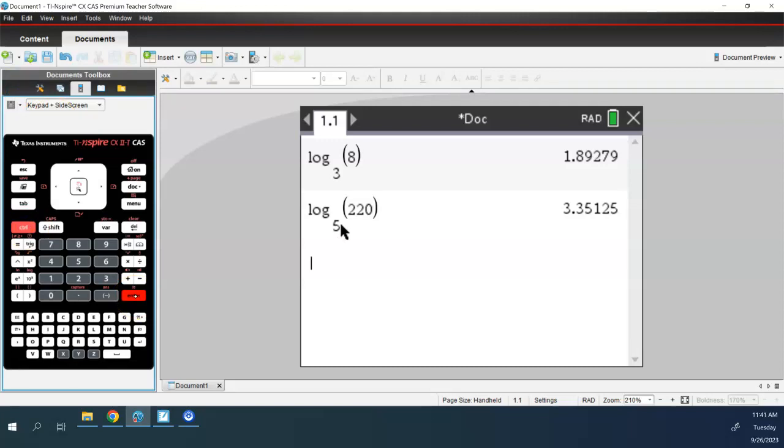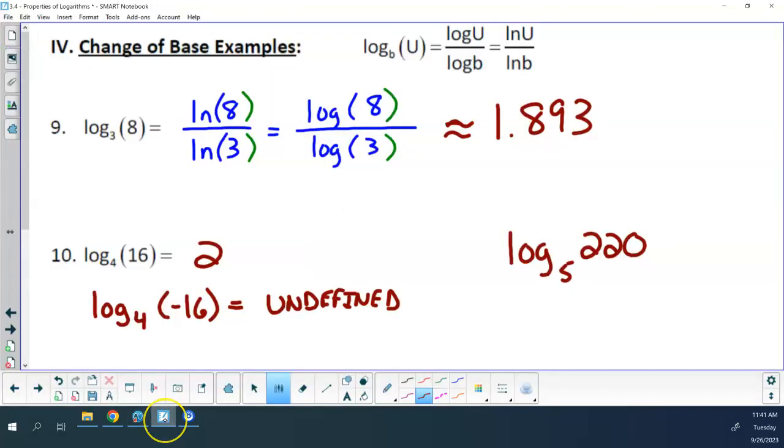If you don't close off that first parentheses, you get something totally different because of your order of operations. It's going to take your numerator or whichever one you want and divide it by the log, then take the log of that. Okay? You have to close off that parentheses. 3.351. Boom shakalaka. Right?